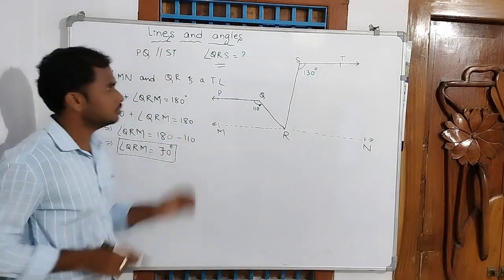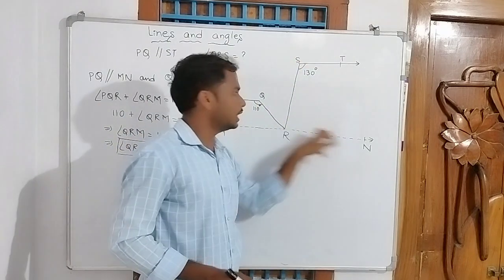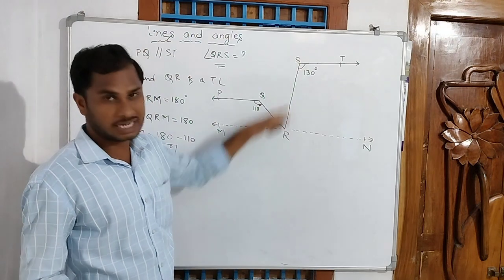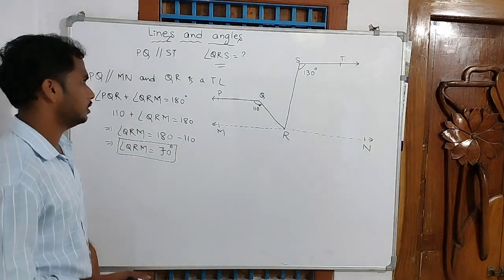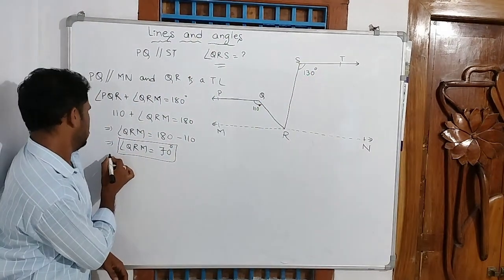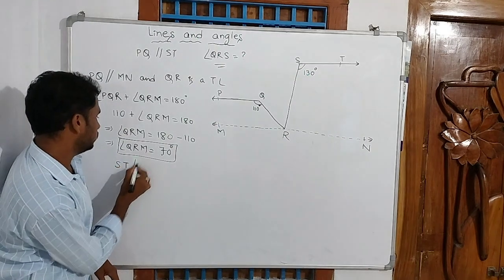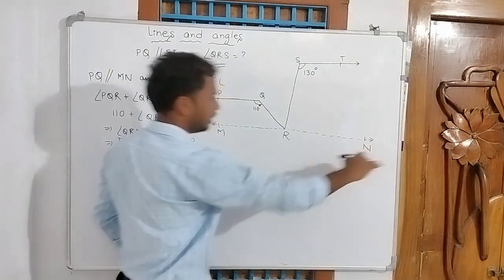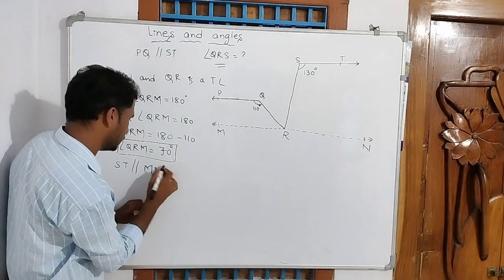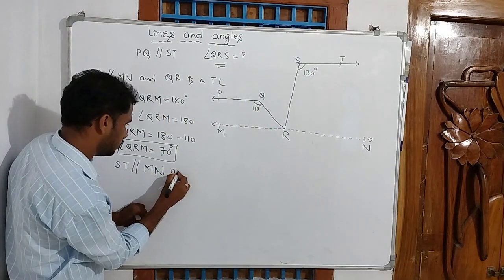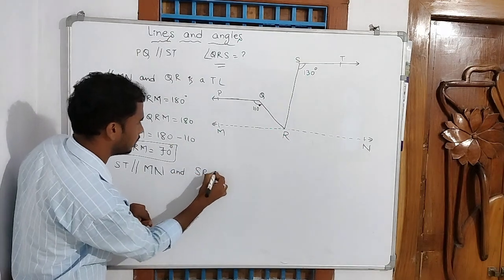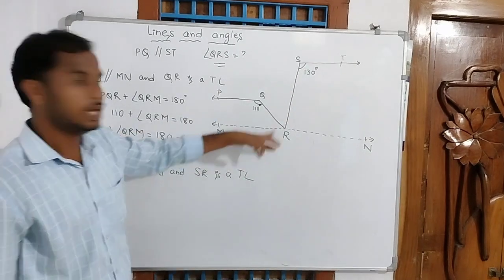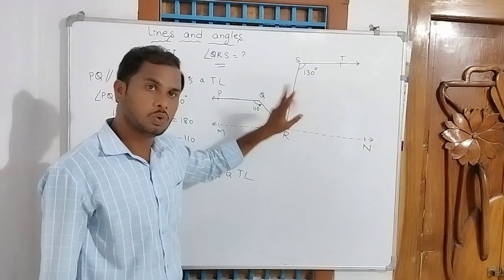Now these two parallels we can take. ST is parallel to MN and SR is a transversal line. These two angles are also co-interior angles.